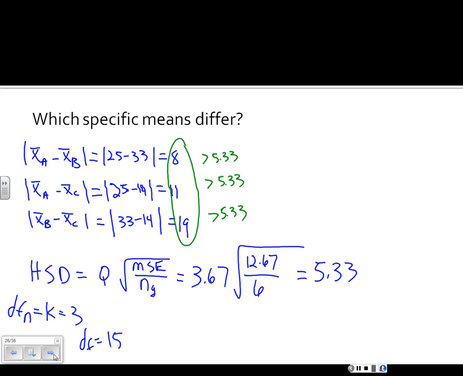So for mu A, we can see that this one's less than that one.